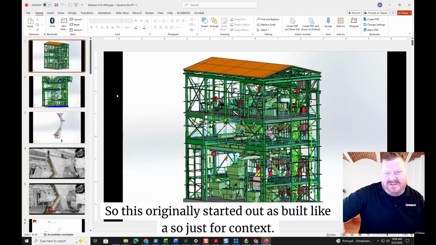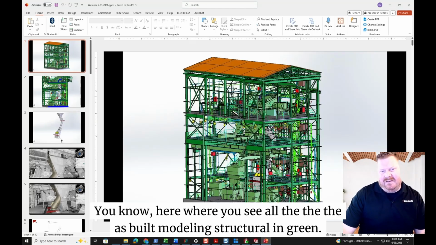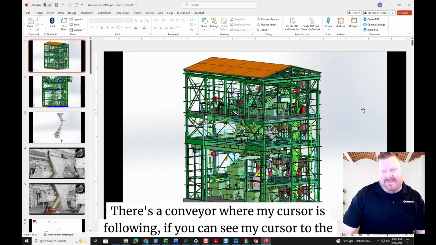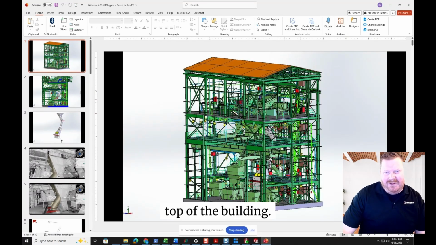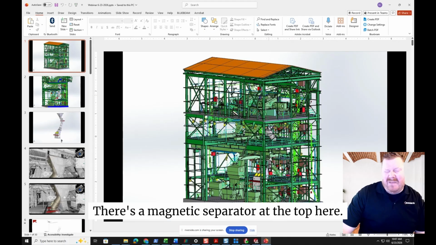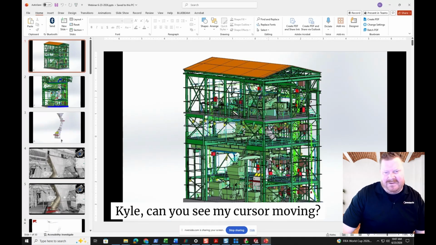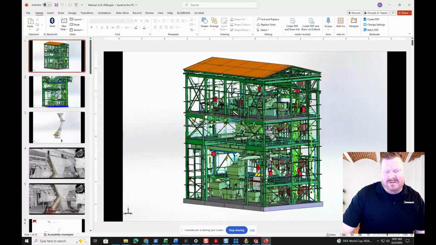It originally started out as built, just for context. Here, where you see all the AsBuilt structural modeling in green, there's a conveyor where my cursor is following. If you can see my cursor to the top of the building, there's a magnetic separator at the top here. Kyle, can you see my cursor moving? Yeah, you can see it.